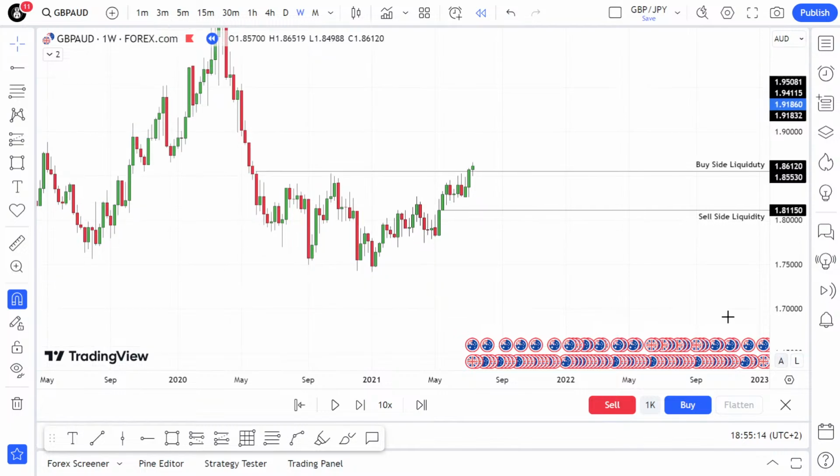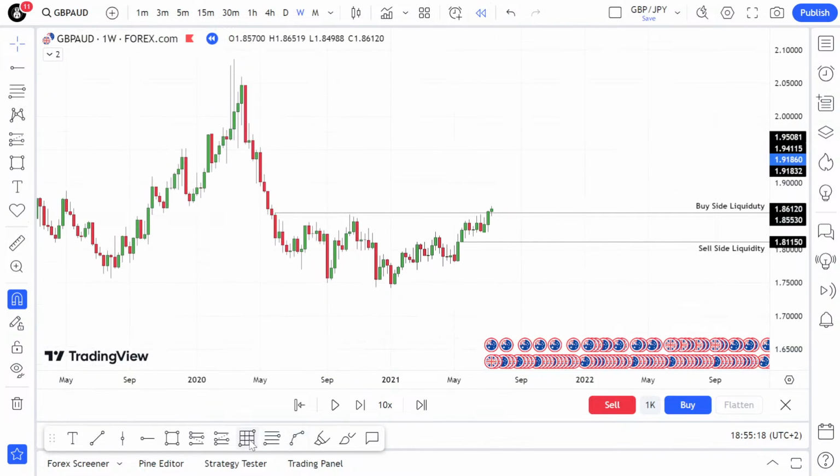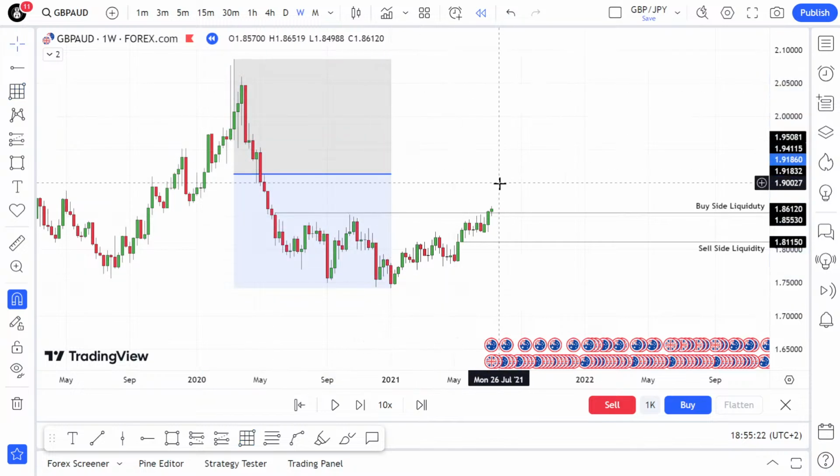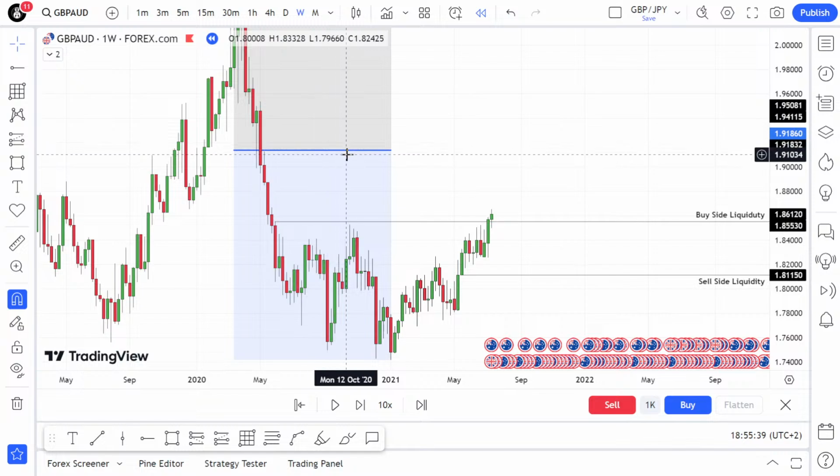Now, obviously the monthly range is from here to here, and we are still far off from the equilibrium price point. So the real question here is, would you want to go for shorts to that sell side liquidity before we enter into the equilibrium?